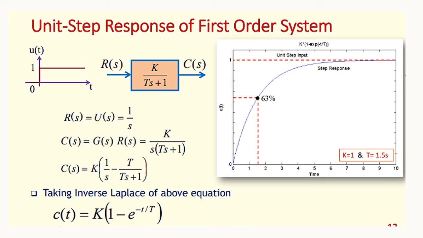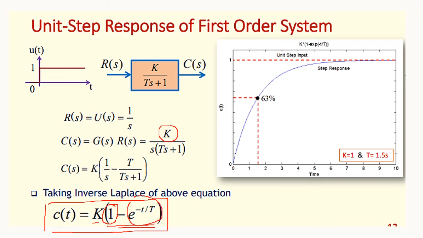Now let us assume that the input has a value of k magnitude, a constant value, and in the equation the only change is that k will be multiplied with the first order response, that is 1 minus e power minus t by T. Again, here the 1 is the steady state value and e power minus t divided by T is the transient value.